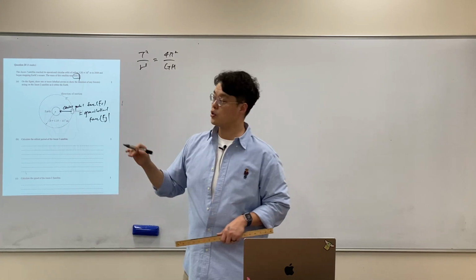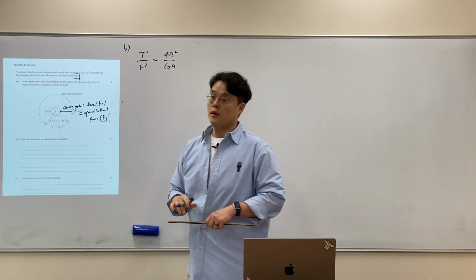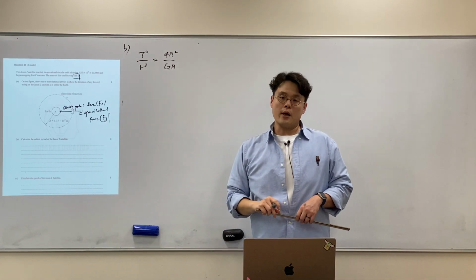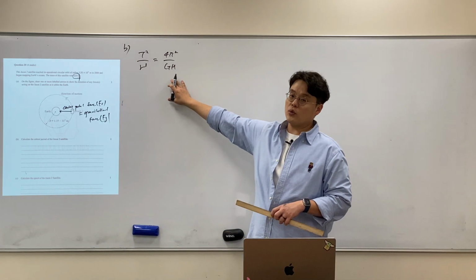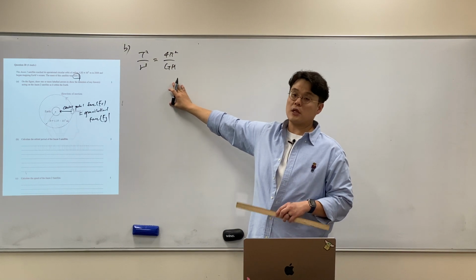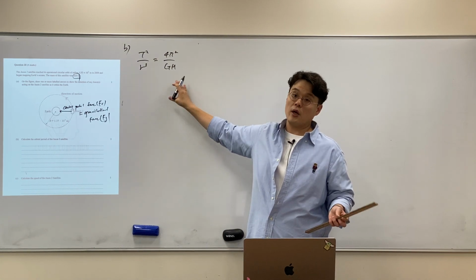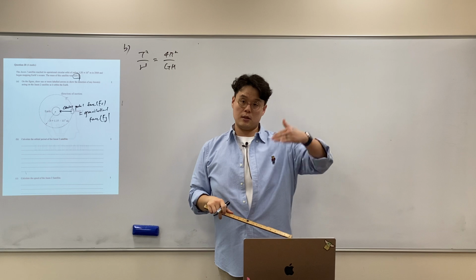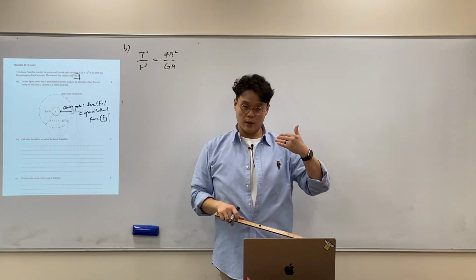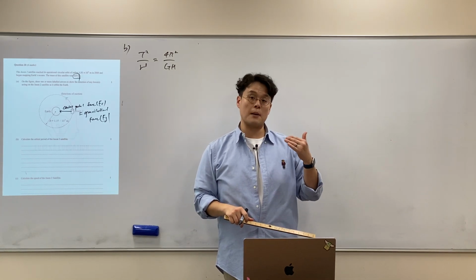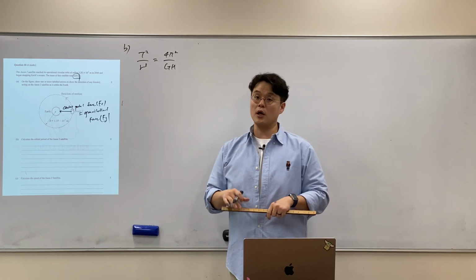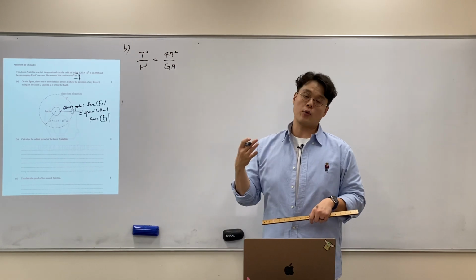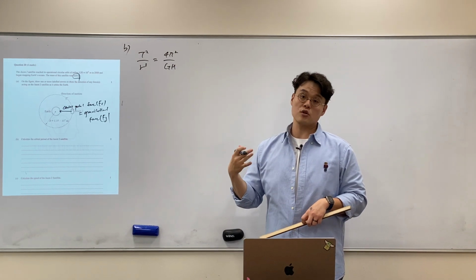This is something that we're going to use for question B. You may be questioning, so when do we use this formula, and when do we use Kepler's second law too? In the case you have two or more orbits, you're recommended to use T1 squared over R1 cubed equals T2 squared over R2 cubed.